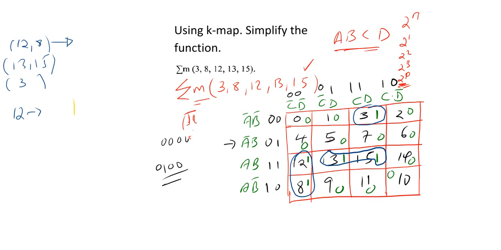So we shall get the expression AB, not C and not D. Then this one you add to the other combination of 8. Where 8 is, we combine this row and this column. So we shall have A, not B, and not C and not D.